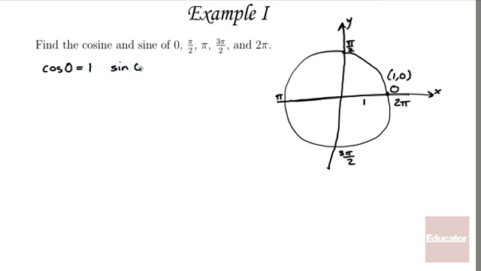And sine of 0 is 0. Pi over 2 is up here. And so its cosine is the x-coordinate. Well, the x-coordinate of that point is 0. The y-coordinate is 1, and so that's the sine of pi over 2.